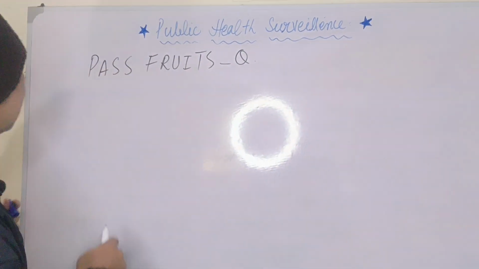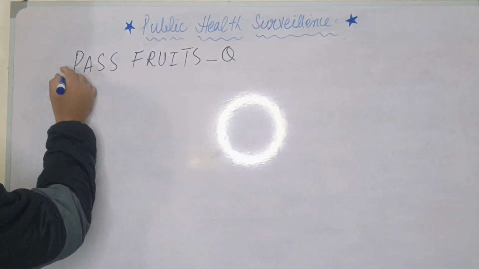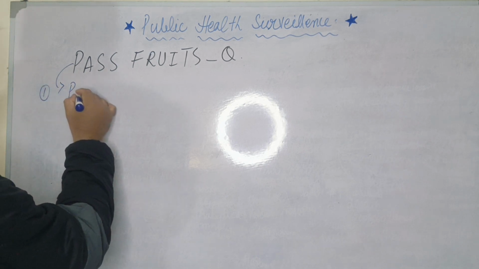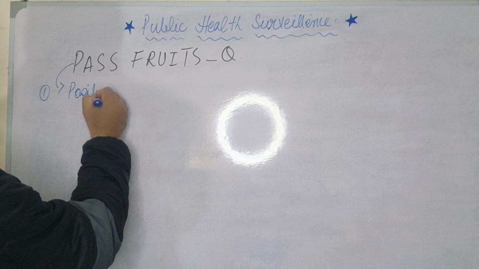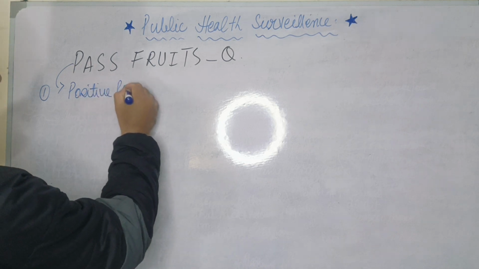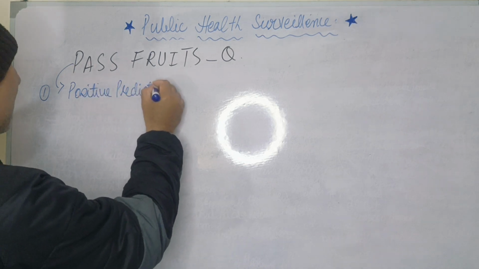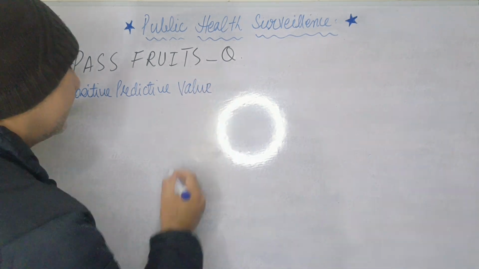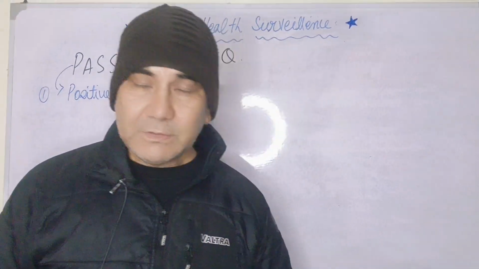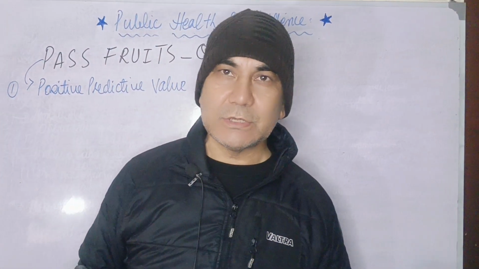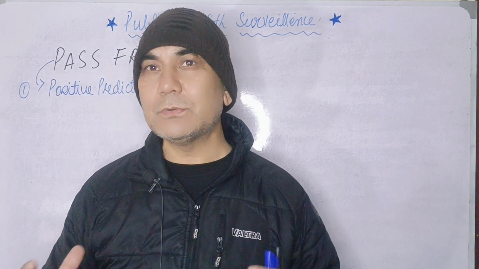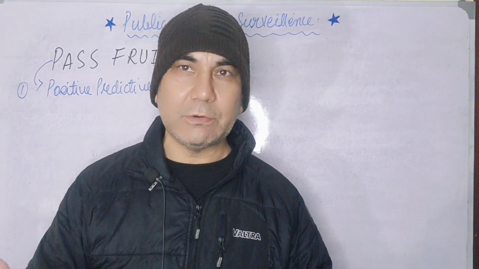The first one is P. P is for positive predictive value, PPV. As we learned in screening systems, any screening system should have a high positive predictive value.